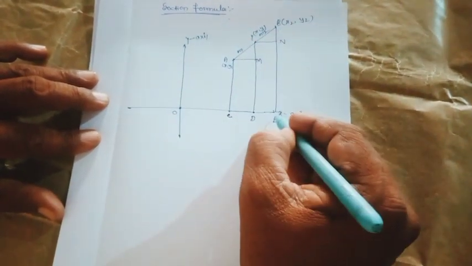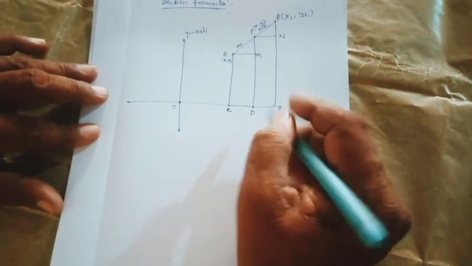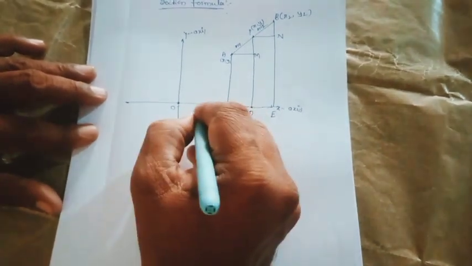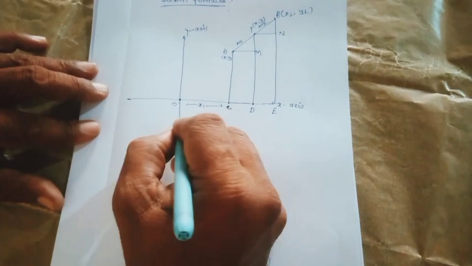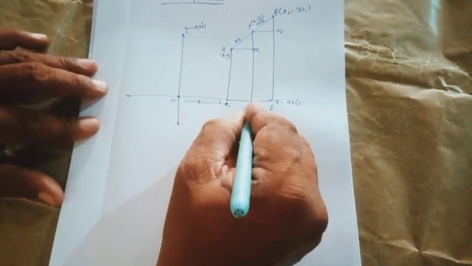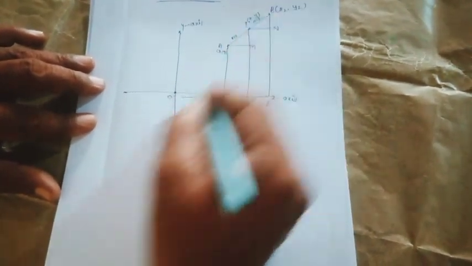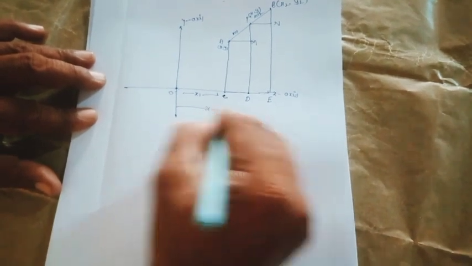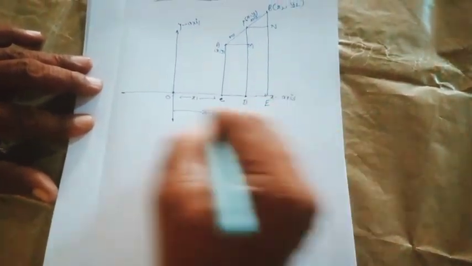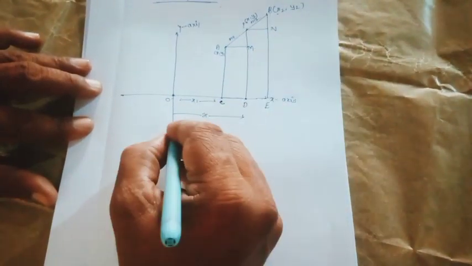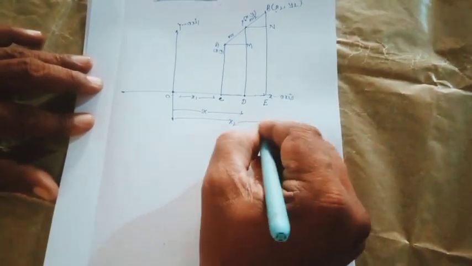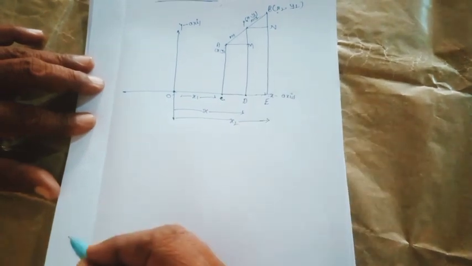and similarly PN perpendicular to BE. Already we know that the distance OC is equal to x1, the distance OD is equal to x, and the distance OE is equal to x2.